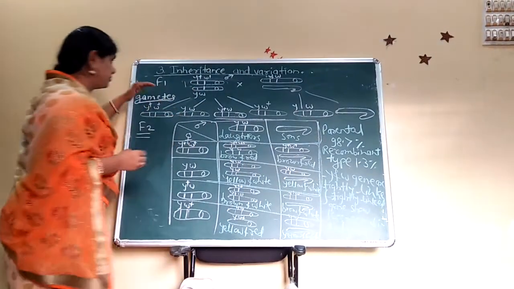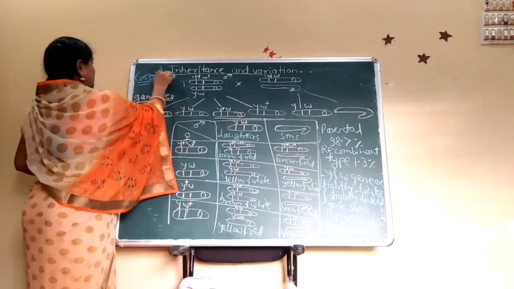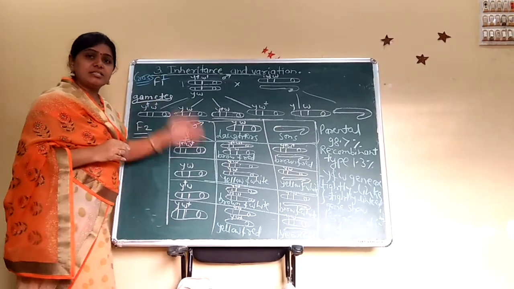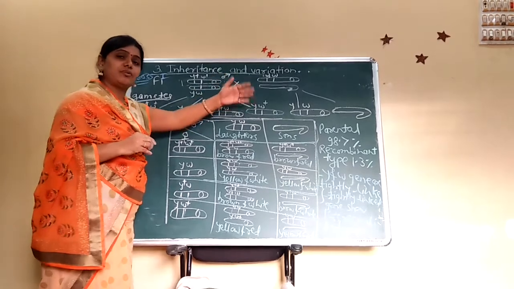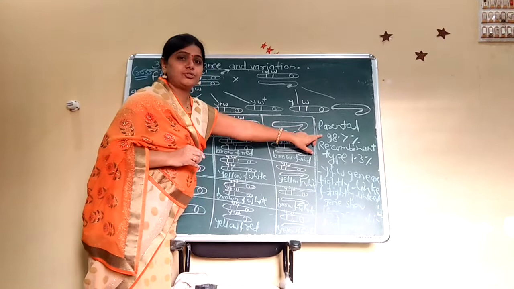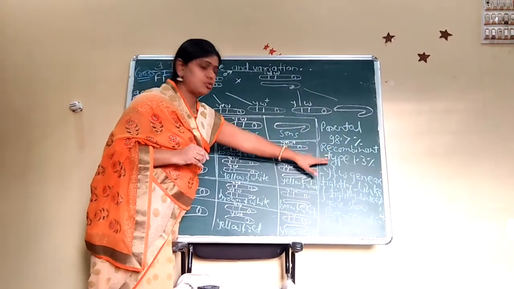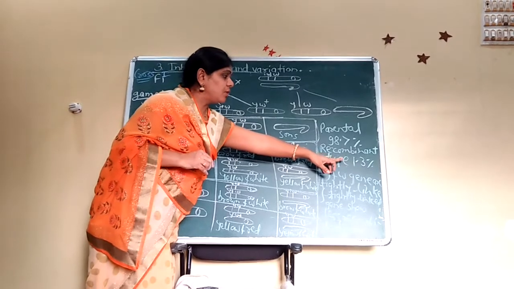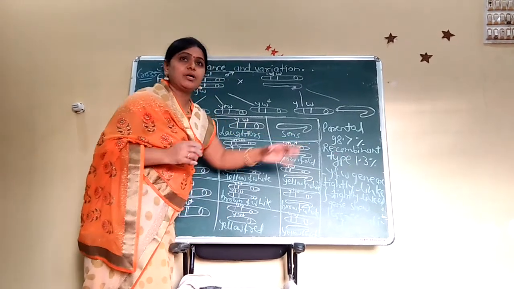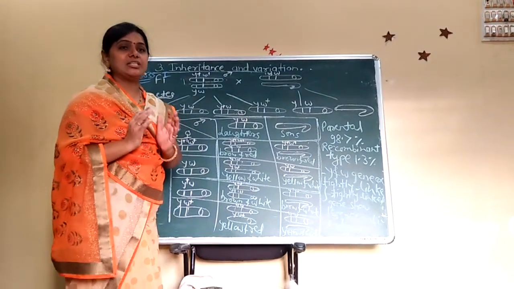This is the first cross of Morgan's experiment, which used Drosophila melanogaster, and in that the parental generation shows 98.7% and the recombinant type shows only 1.3% because of tightly linked genes, because of closely linked genes.